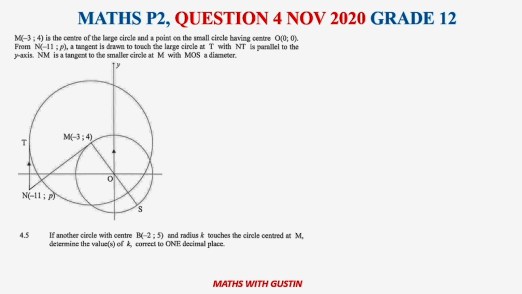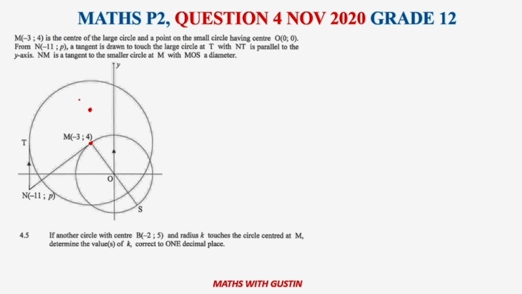4.5 says, if another circle with center B at negative 2 and 5, and a radius k, touches the circle at point M. So it means this B is somewhere here.